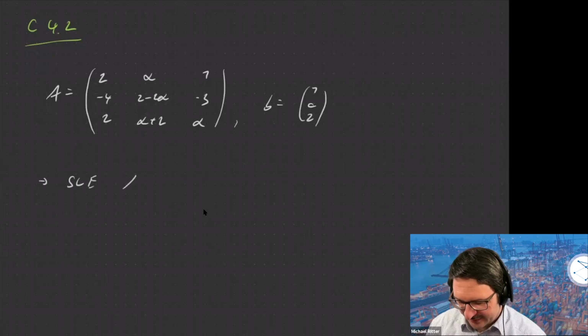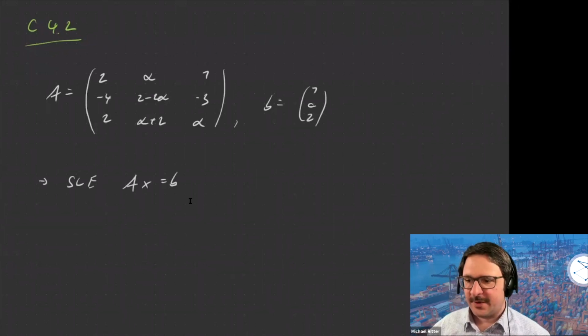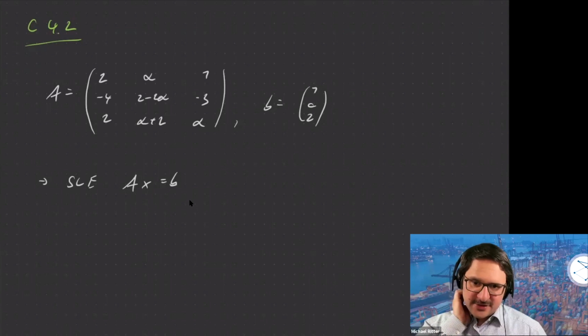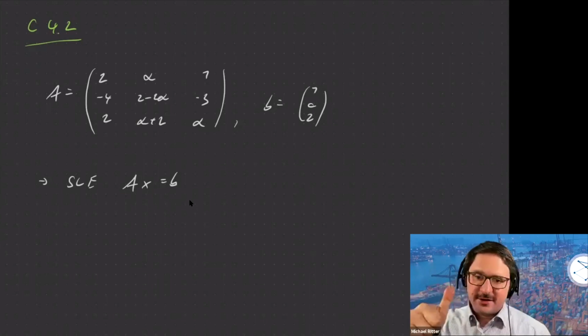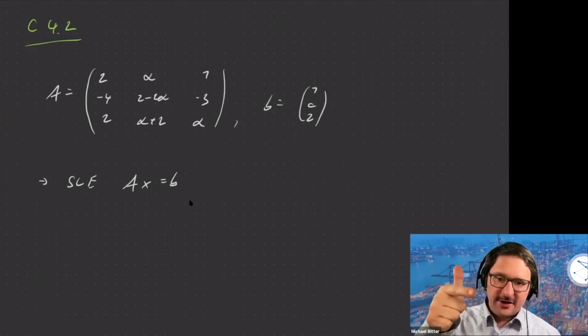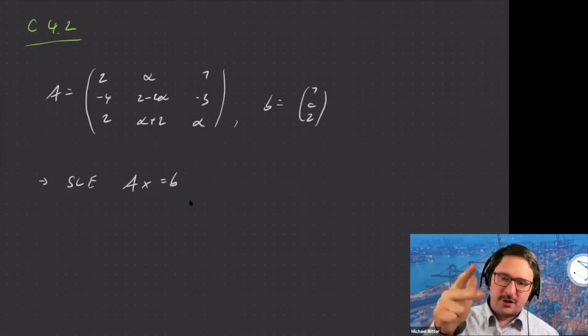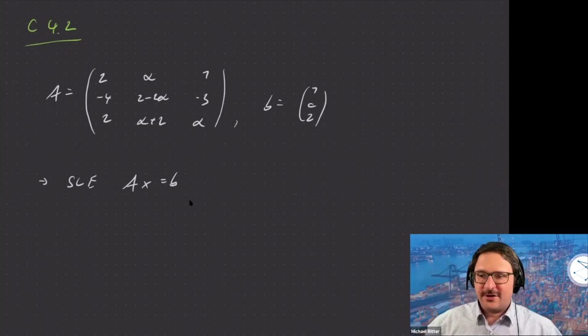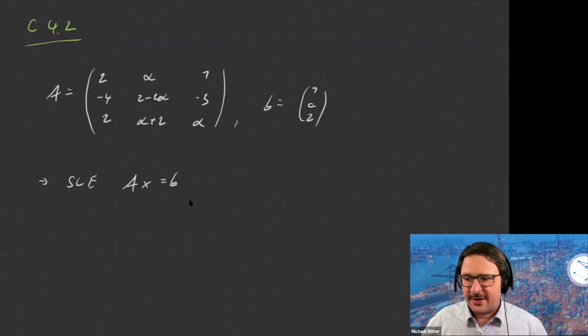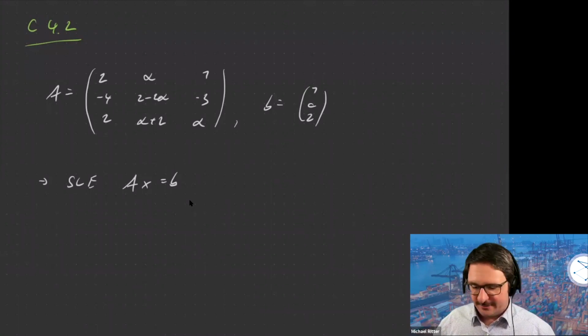And we want to look at the system of linear equations Ax equals b. And the problem then asks for determining all values such that the system has a unique solution, infinitely many solutions, or no solution at all. So these 3 cases we have to consider. And then it asks for computing a set of solutions for specific values of alpha.